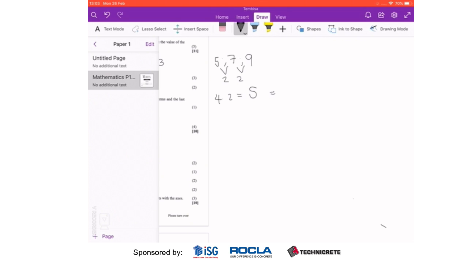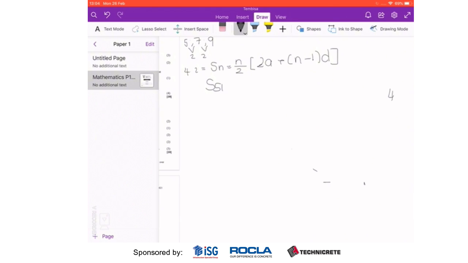Sn equals n over 2 square brackets 2a plus (n minus 1) d close brackets. We're finding the sum of the first 51 terms, finding S51.